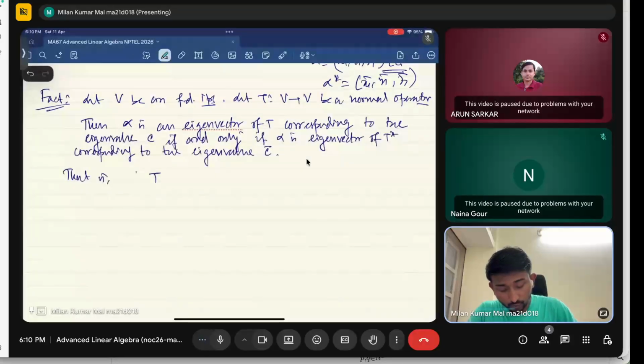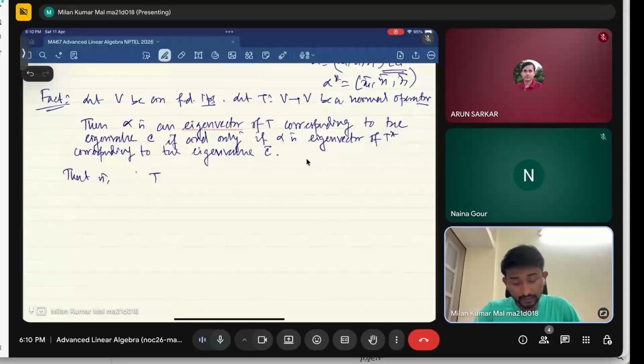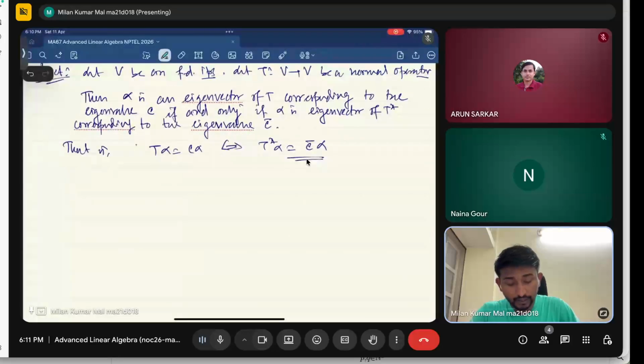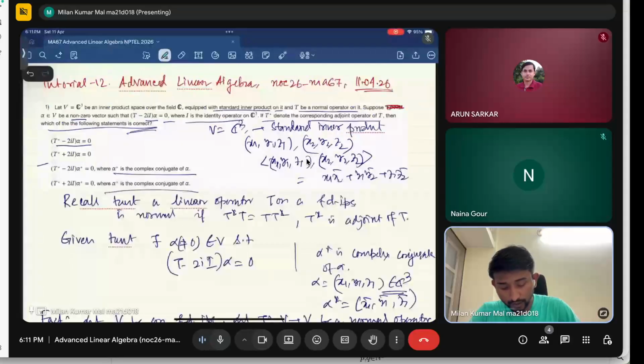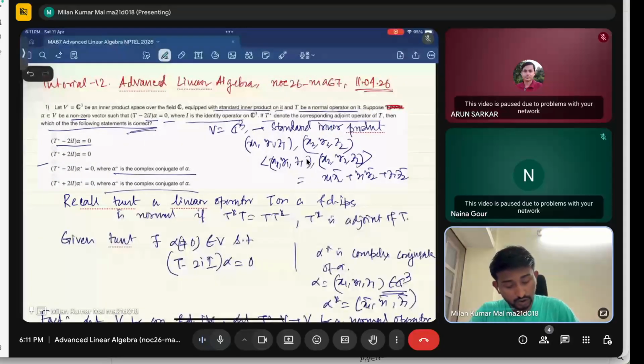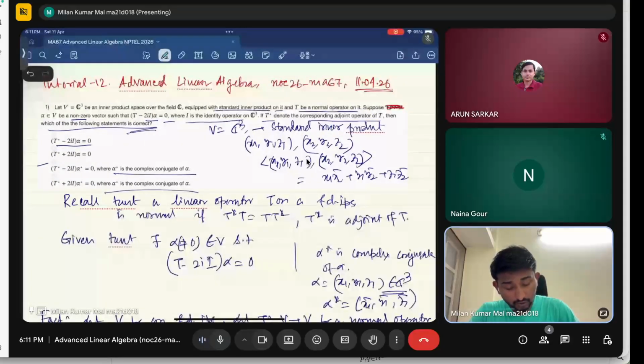With this, we can clearly say, here it is giving 2i. If I consider C equal to 2i, then T minus 2i times identity applied to alpha is zero, so T alpha is equal to 2i times alpha. Now, according to this theorem, T alpha is equal to C alpha if and only if T star alpha is equal to C bar alpha.